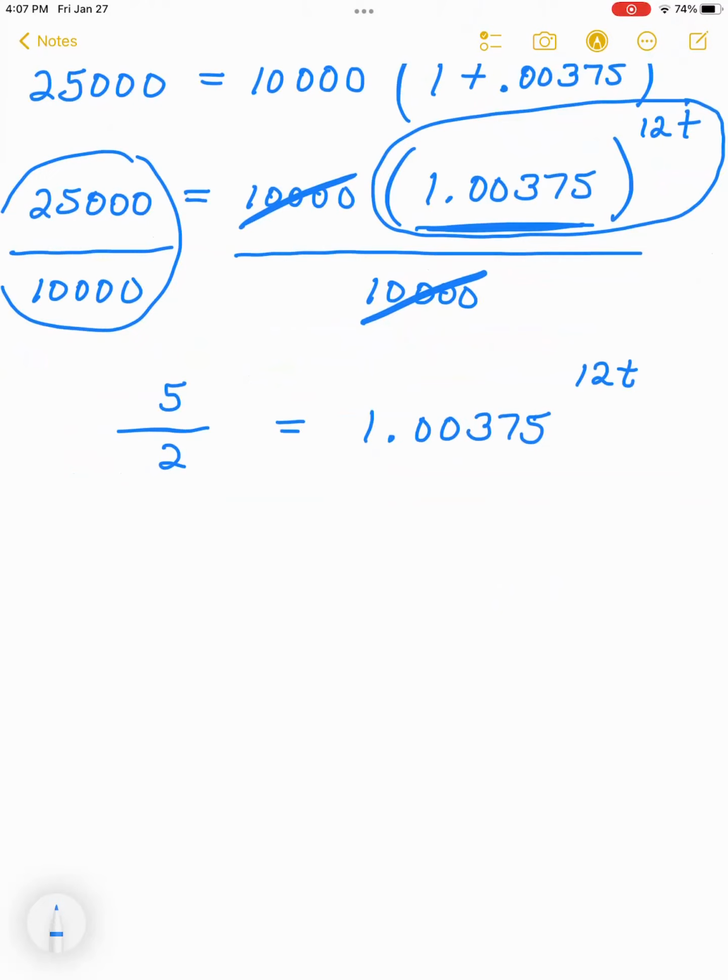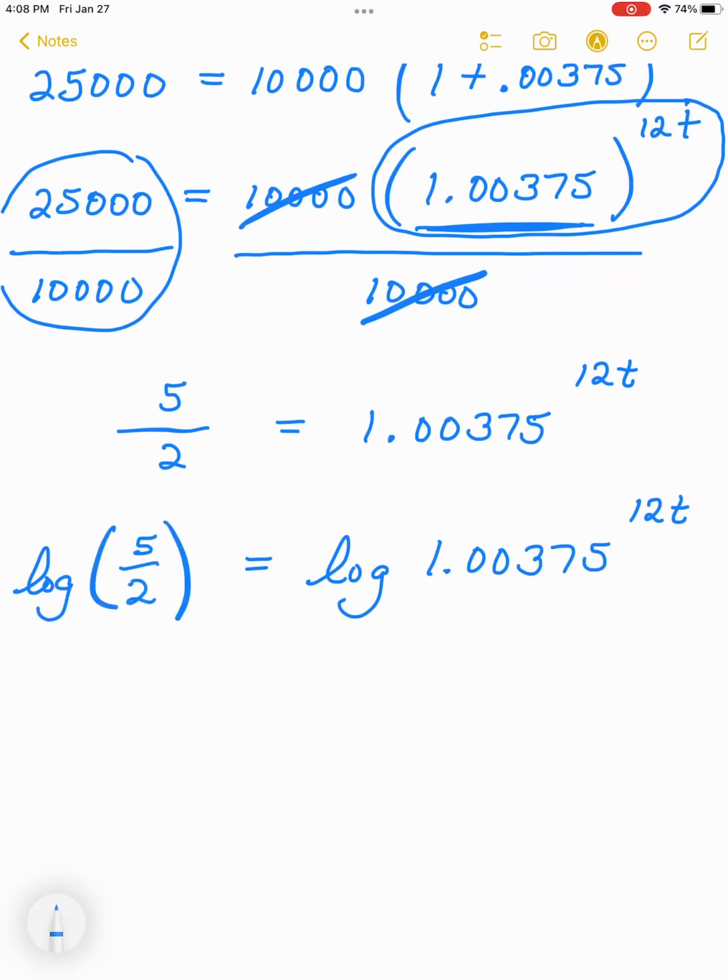Now, to bring that exponent down, I'm going to take the logarithm of both sides of the equation. Whatever you do on one side, you must do the same thing on the other side.